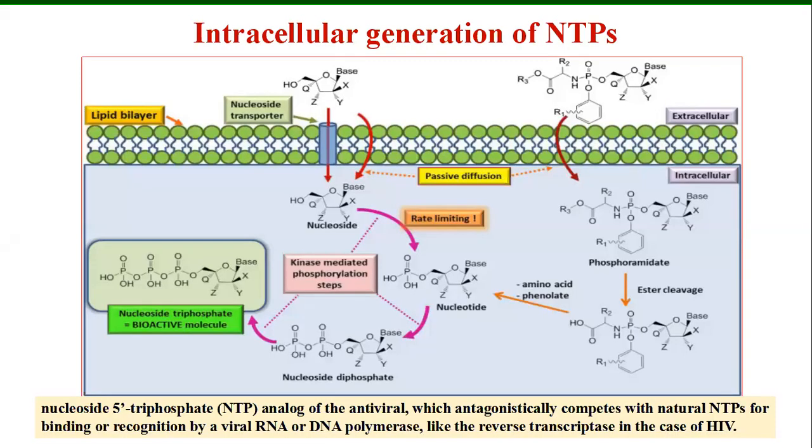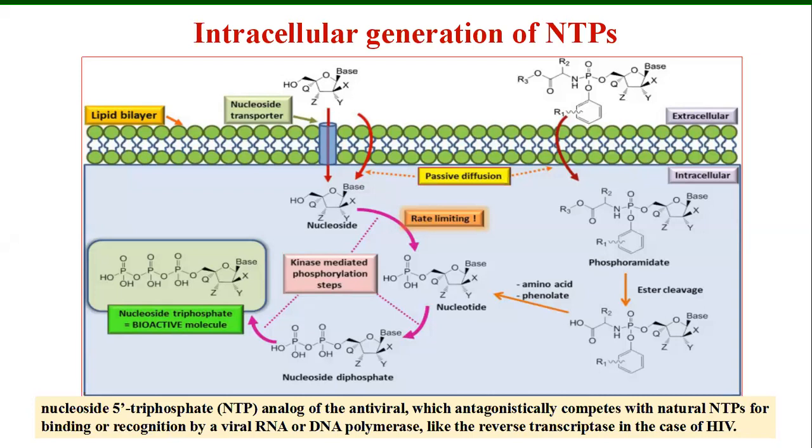Here is how the drug enters the cell and converts into the bioactive molecule. In our cell membrane, we have nucleoside transporters. The nucleosides are either actively transported or passively transported by diffusion.